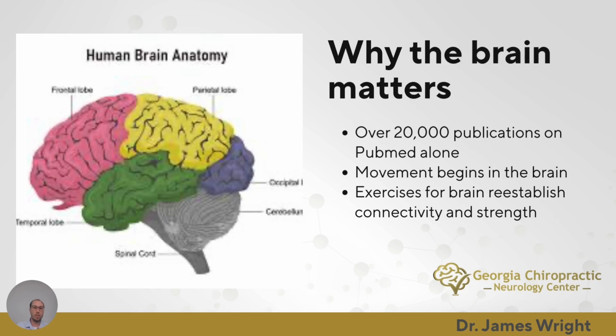On to the next thing. So why the brain matters. Well, there are over 20,000 publications on PubMed alone about why the brain does the things it does. There are numerous publications on movement in the basal ganglia and movement in the cerebellum.